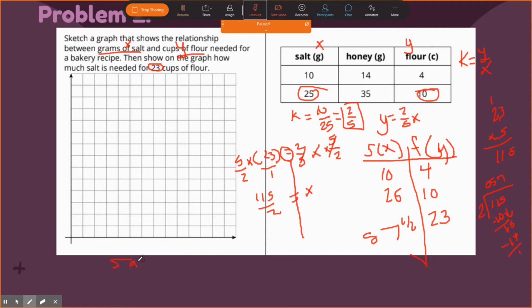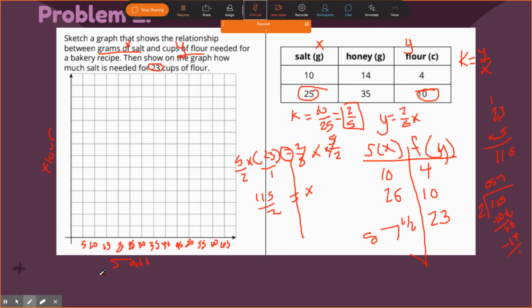I'm going to put salt here on the bottom. I'm going to put flour here on the side. Based off my constant of proportionality, I can see that my salt, or my x's, are going up by 5s. So I'm going to use 5s here on the bottom, and I'm going to do 5, 10, 15, 20, 25, 30, 35, 40, 45, 50, 55, 60, 65.